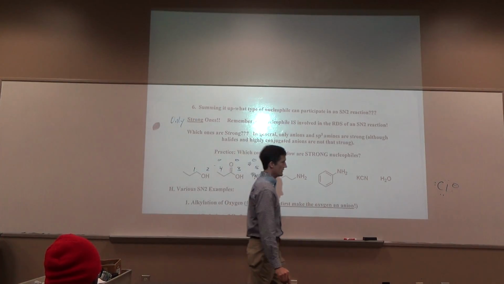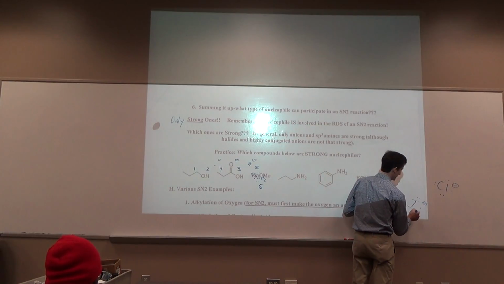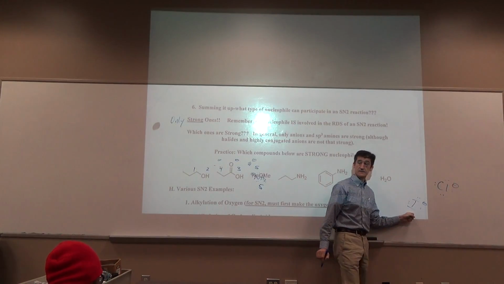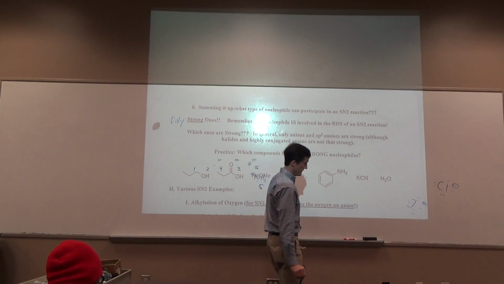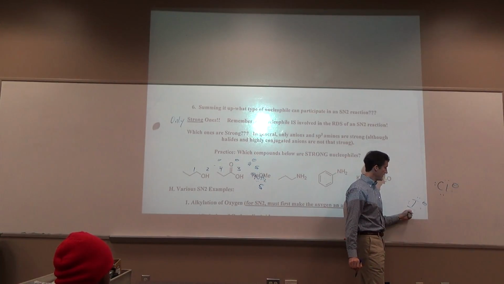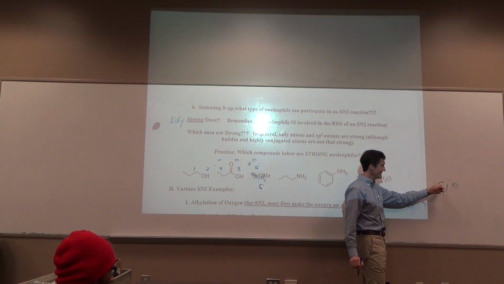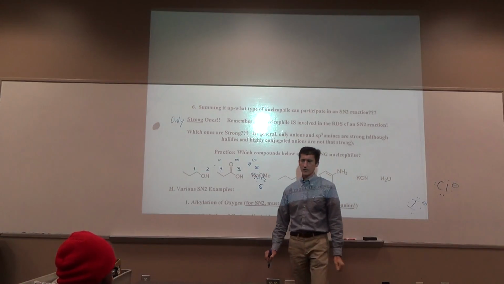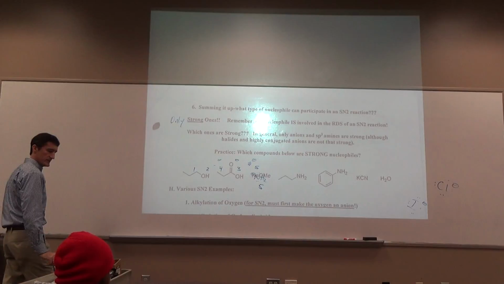What about I minus? Is that a strong nucleophile? According to the definition, is it an anion? Yes, strong nucleophile. Actually, that is a pretty good nucleophile compared to this, and we see why, because it's less electronegative. But in my definition, it's not that strong. So there are some exceptions, but it's a good starting point.